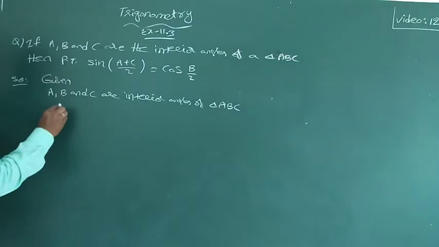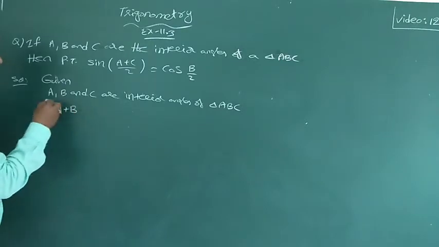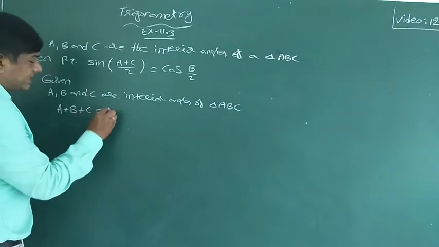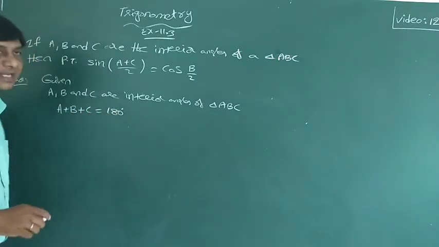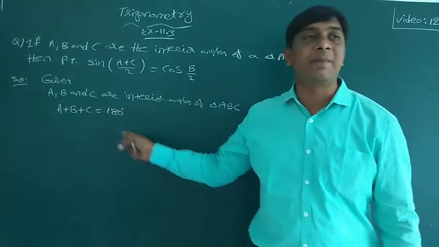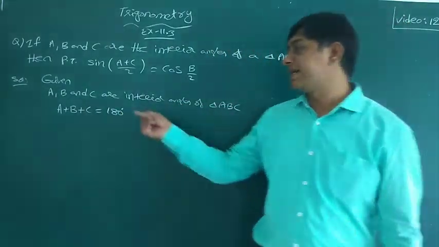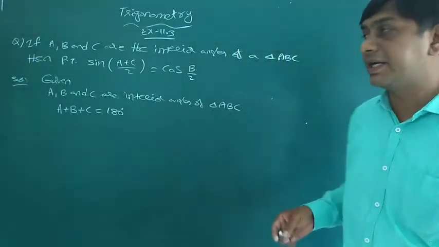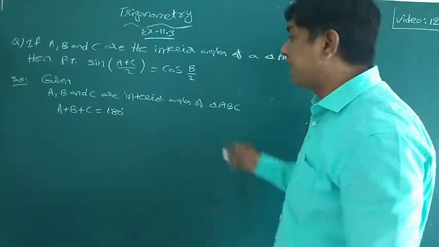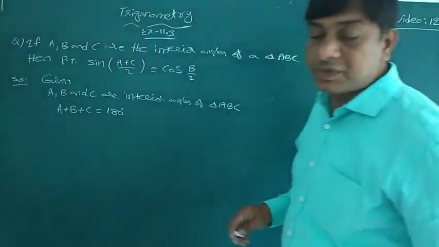I know the procedure: this is the angle sum property of a triangle, A plus B plus C is equal to 180 degrees. On the right-hand side, what angle do I require here? B by 2. I require B here.